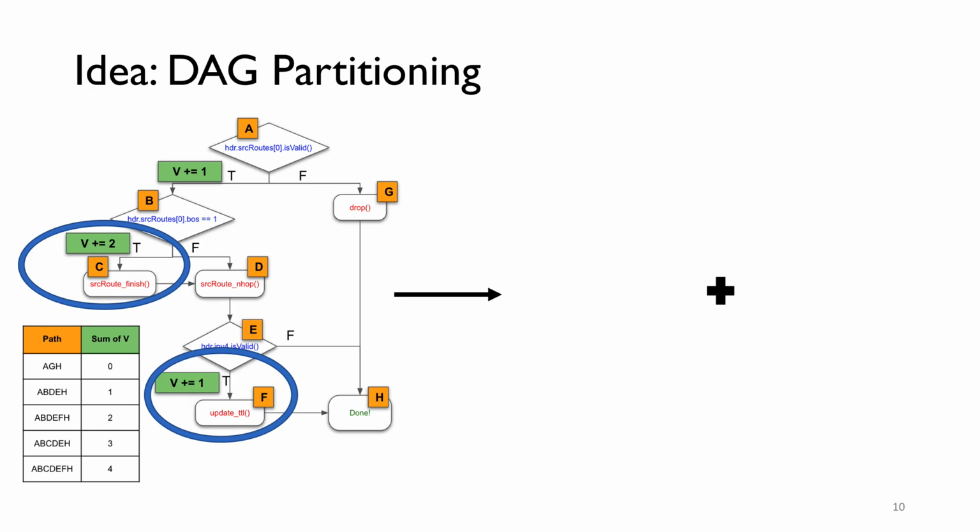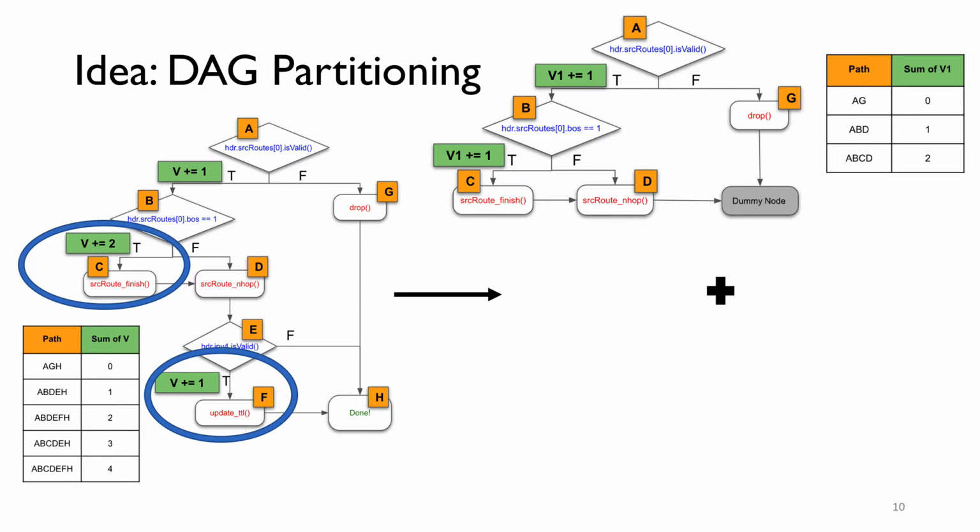So an idea that we had to get around these restrictions is to partition our input graph and run the Bolaris algorithm individually on each partition. So what this looks like is we may end up with one partition like this, which includes the action C. Notice how now we're performing an update to a variable v1, and the update between B and C is smaller than it was before.